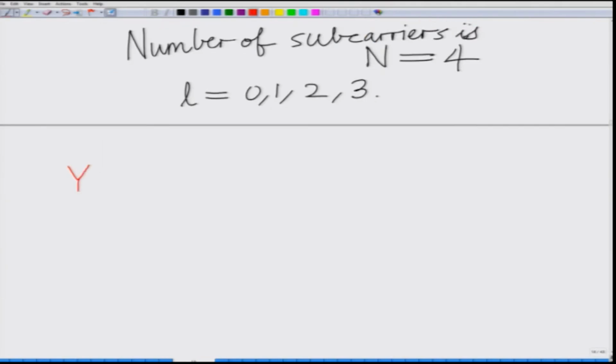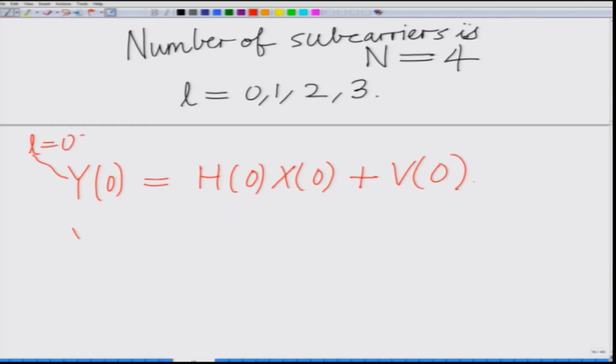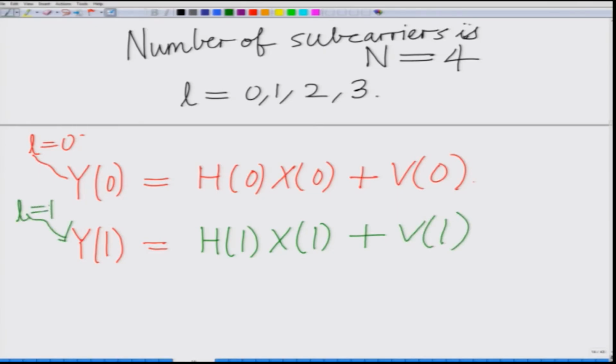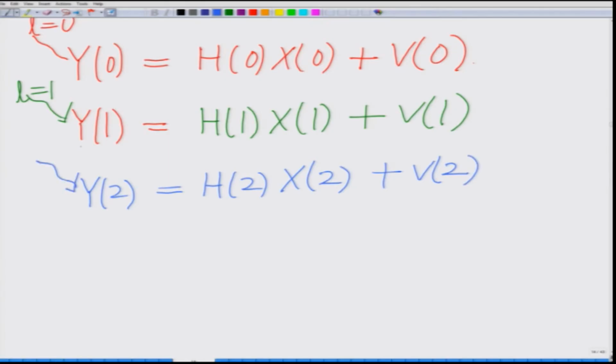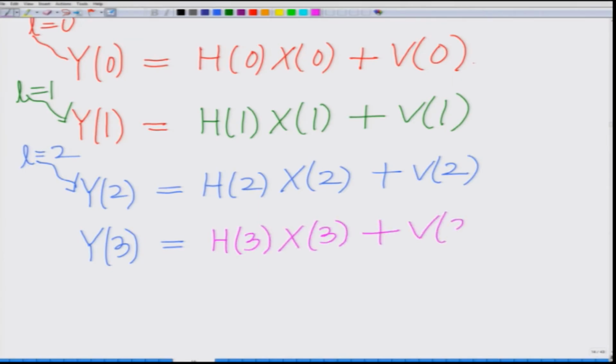Therefore, for each subcarrier we have y0 equals h0 times x0 plus v0, corresponding to subcarrier L equal to 0; y1 equals h1 times x1 plus v1, which corresponds to subcarrier L equal to 1; then y2 equals h2 x2 plus v2 across subcarrier L equal to 2; and just to finish this, y3 equals h3 x3 plus v3 across subcarrier L equal to 3.